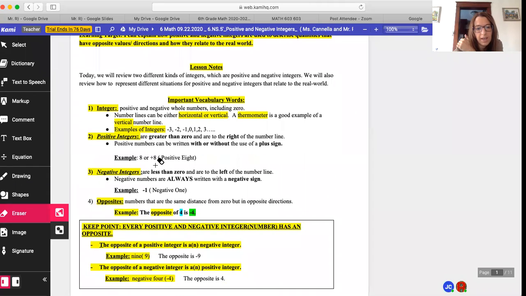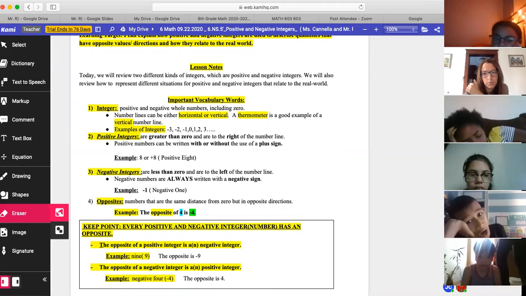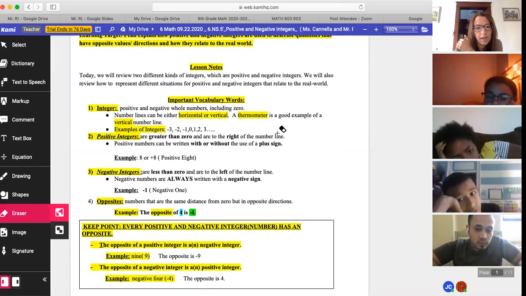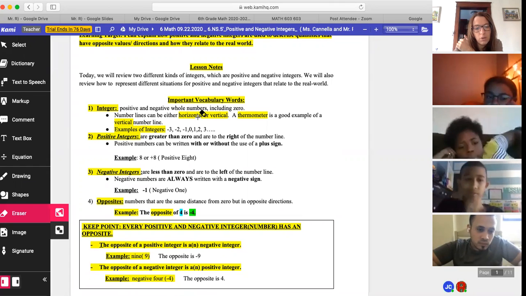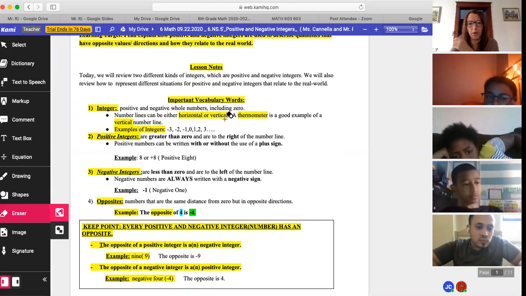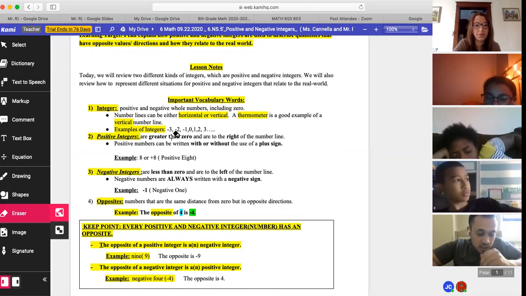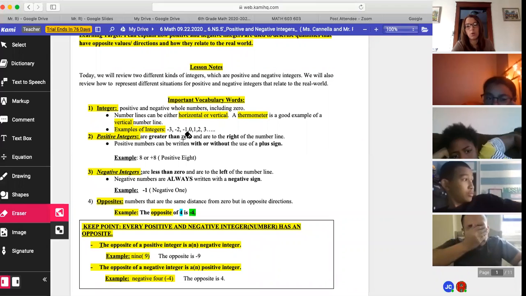So just to recap, we reviewed what an integer was the other day. And we reviewed that integers are positive and negative whole numbers that include 0. They're on vertical and horizontal number lines. -3, -2, -1, 0, 1, 2, and 3 are some examples of integers.